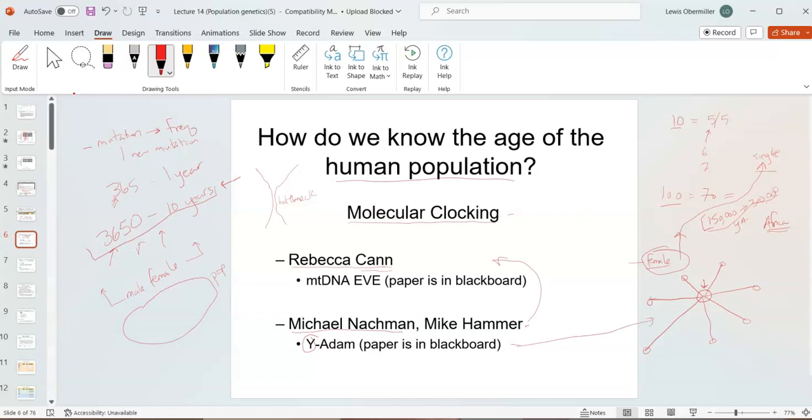So anyway, I'll tell you a personal story. Molecular clocking is pretty accurate. I did my master's degree on the relationship between all the land tortoises. There are tortoises in Africa that you've probably seen running around, popular as pets.